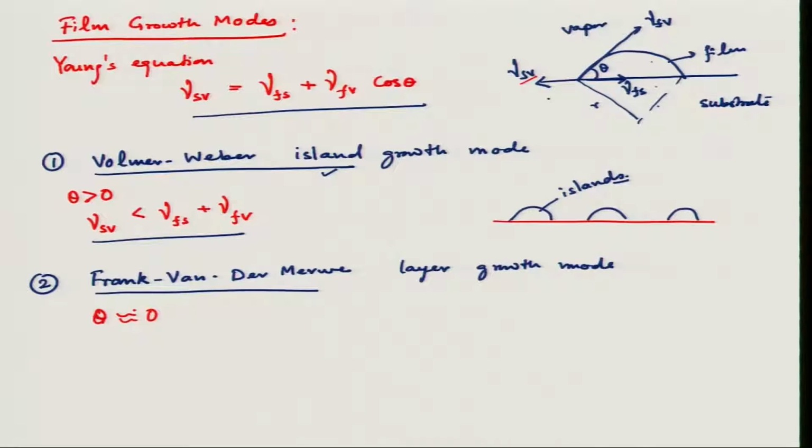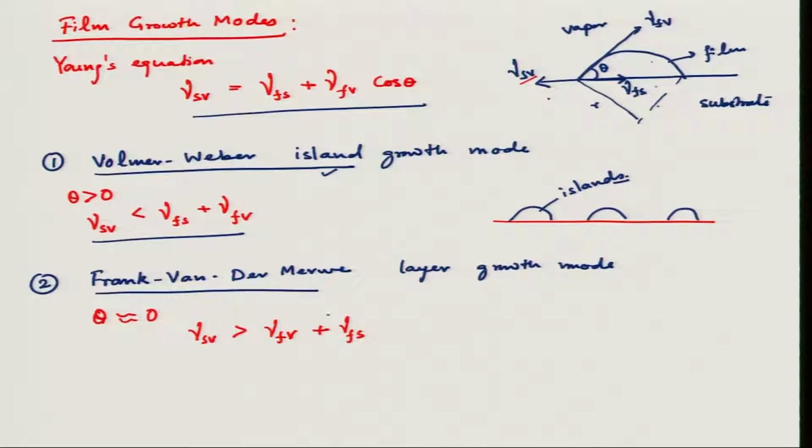In this case your gamma SV is higher, that is surface energy between substrate and vapor is very high compared to gamma FV. Again I am neglecting gamma FS for simplicity, or it is even higher than gamma FV plus gamma FS.